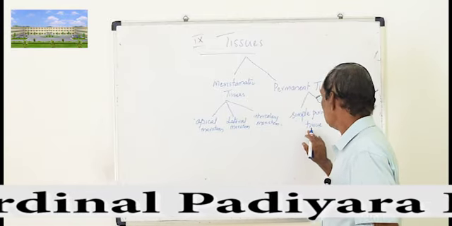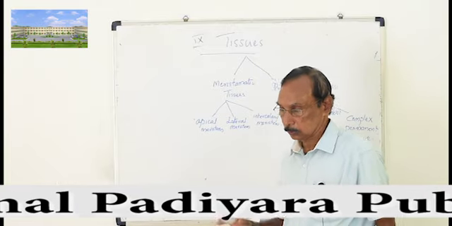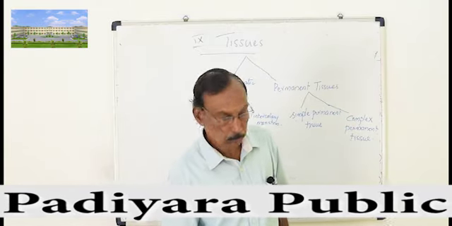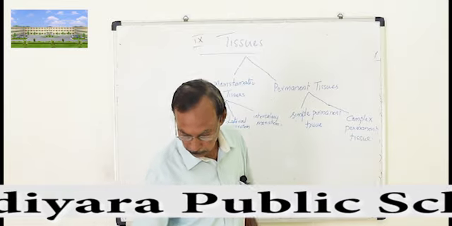And one more thing, the last one, is epidermis. Now we are going to see epidermis. This also comes under simple permanent tissue.